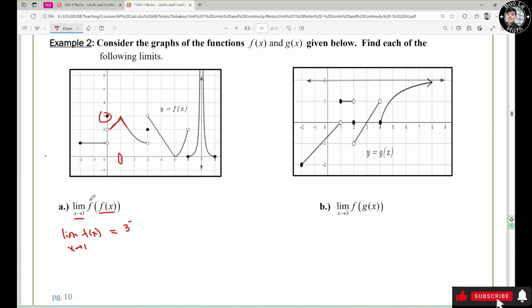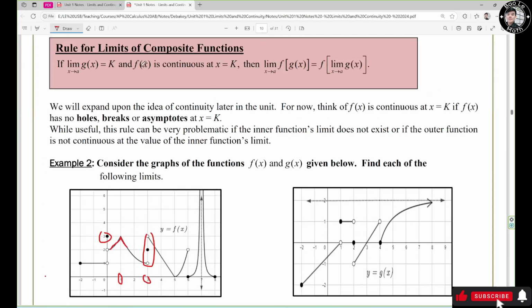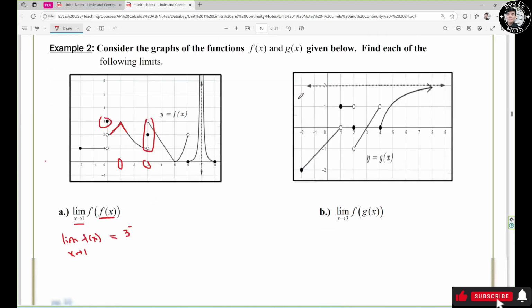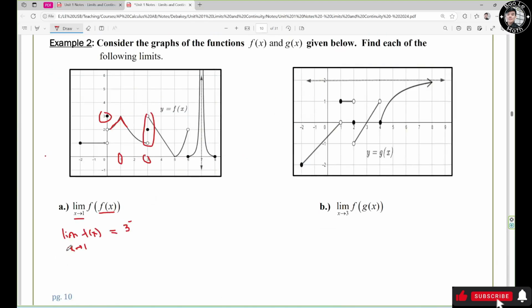Now we're going to check the outer function at 3. Since the outer function f of s when s approaches 3 is discontinuous right here, you see that? The outer function must be continuous to apply the rule. Because this is discontinuous, we need to keep taking the limit.